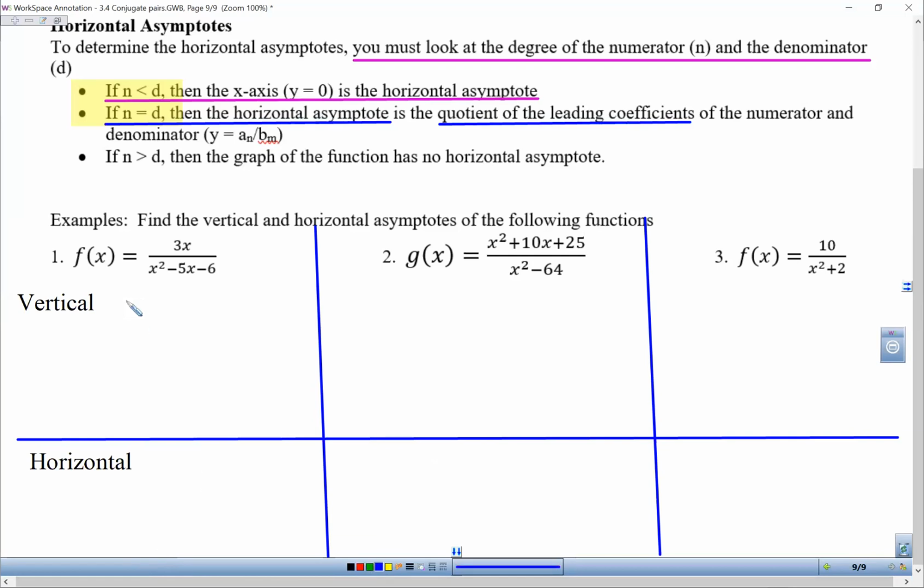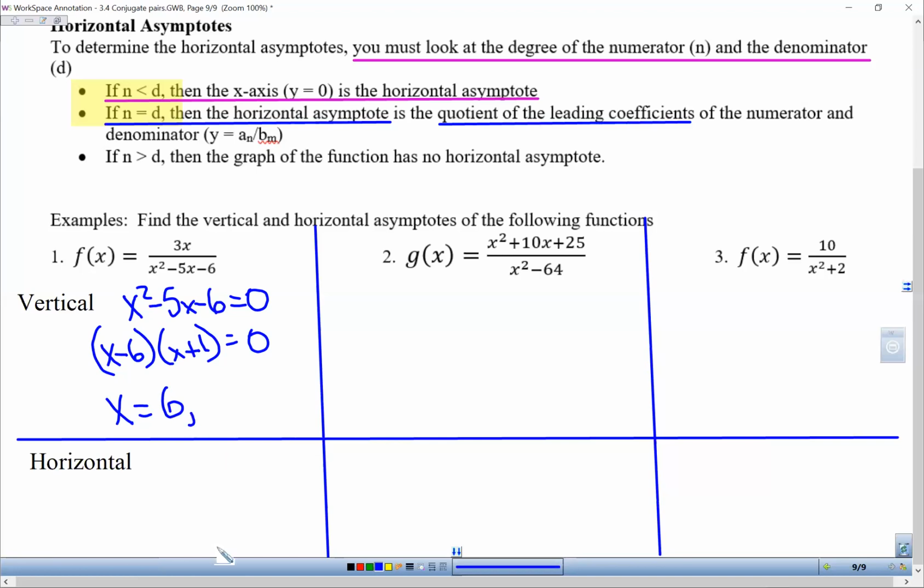So if we say x squared minus 5x minus 6 equals 0, if we factor that, we get x minus 6 times x plus 1. And if I solve both of these, I get x equals 6 and negative 1. So those are my two vertical asymptotes, x equals 6 and x equals negative 1.